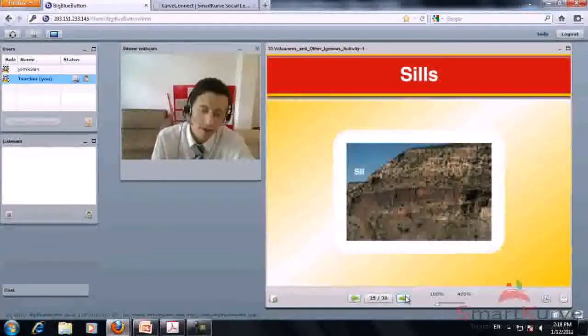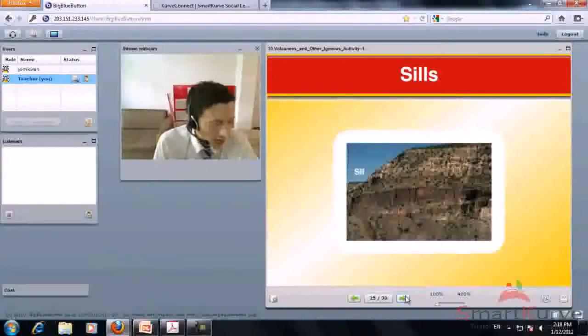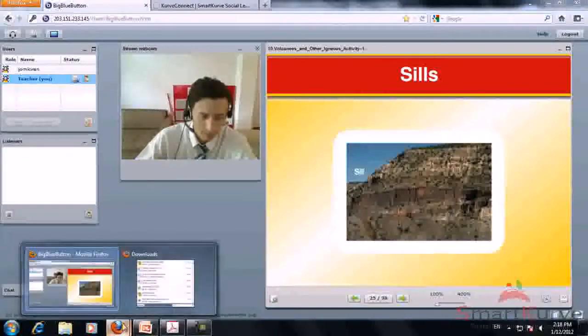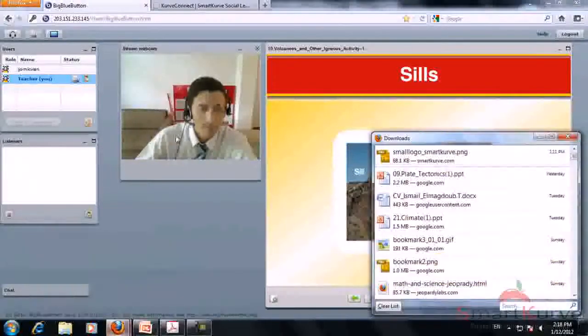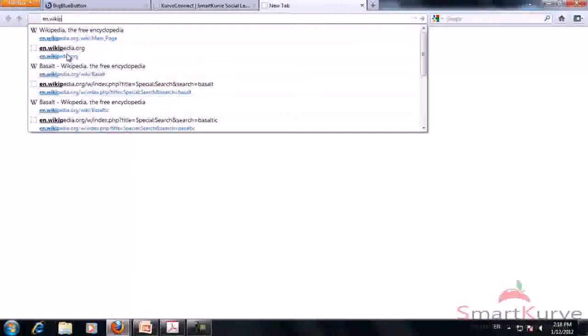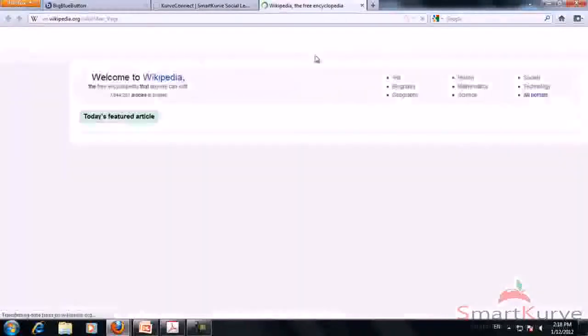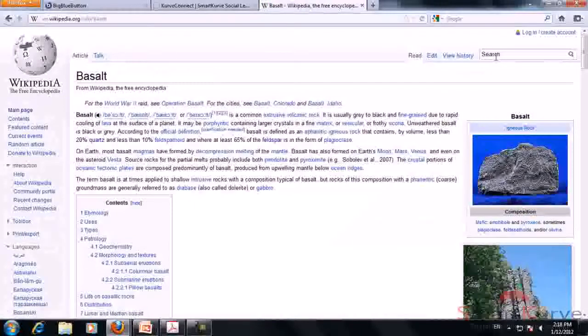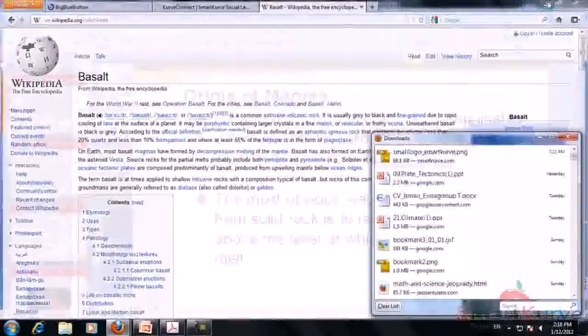Here on page 25, we see an example of a sill. You can see there that sill was formed, and originally it was intrusive rock, meaning that it was buried at first, but after years and years of erosion, those sills have become exposed, and they form those columns.